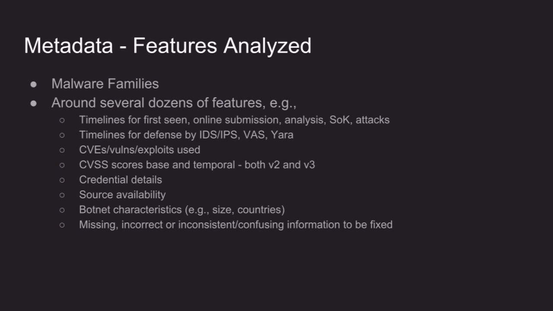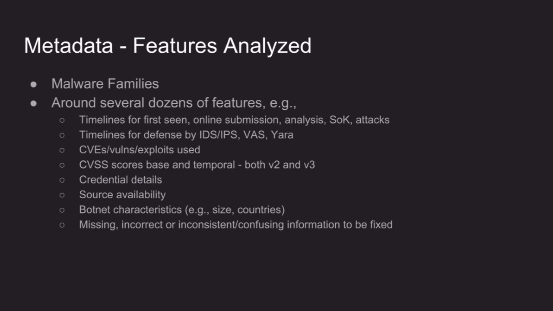At the same time, we also collect information on timelines for defenses related to that IoT malware, such as IDS/IPS rules particularly tailored to that IoT malware, YARA rules, or vulnerability assessment scripts and scanners. We also collect the credential details, like the correlation of unique credentials between malware families or not.